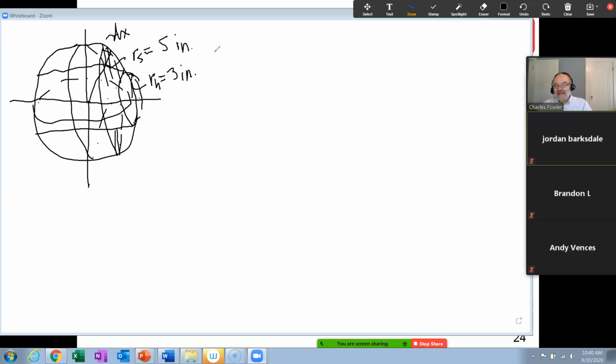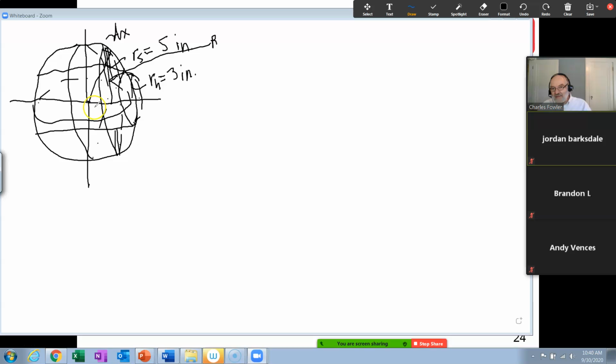What we need is this radius here for that washer there. Now this is a different radius from either the sphere or this one. This is our outer radius, and that radius we're going to call, like the book does, I think, capital R. Now I do want to point this out to you.